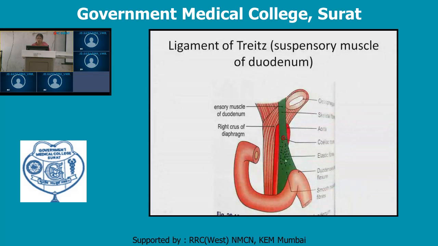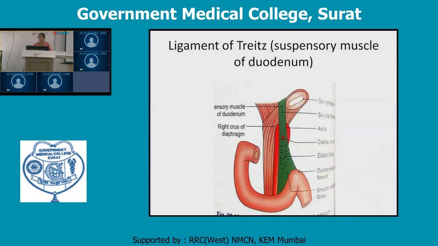The lower part, which is near the duodenum, contains smooth muscle, as the duodenum also does. So this structure has skeletal muscle fibers in the upper part, elastic fibers in the middle part, and smooth muscle in the lower part, and it suspends the duodenojejunal flexure.